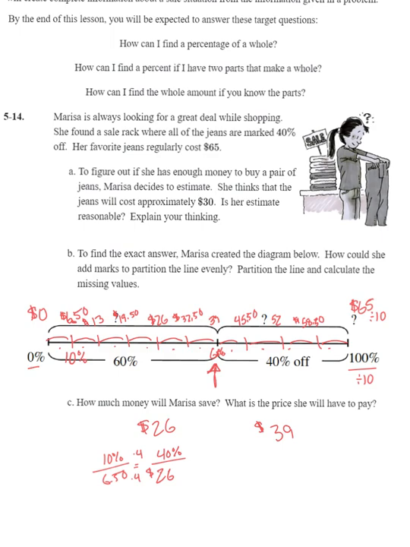Same idea with the amount you'll have to pay. 10% is $6.50. 60% is 6 of those, so that would be $39.